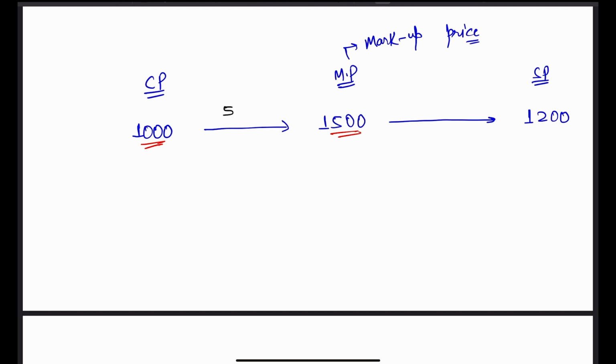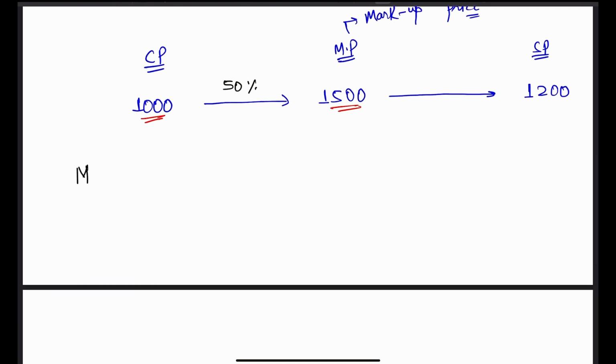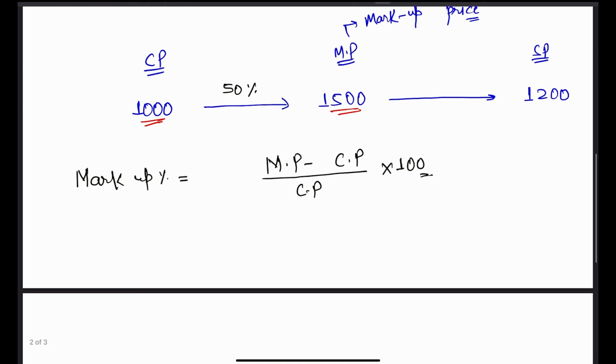So how much markup have I increased? 50%. So markup percentage will always be calculated based on the cost price. So markup price, MP minus CP, divided by CP into 100, is our markup percentage. Similarly, profit and loss.